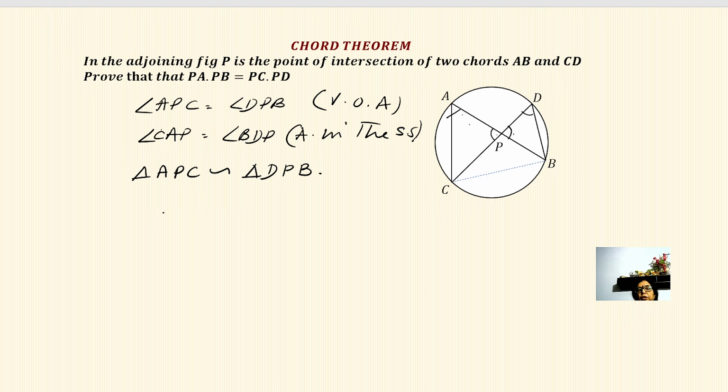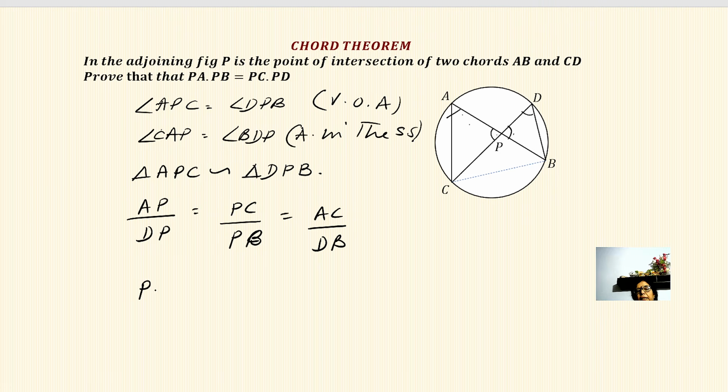Now if we write down the proportionality relation of the sides, we'll get AP by DP is equal to PC by PB is equal to AC by DB. Since we have to prove PA into PB is PC into PD, we'll take this portion of the proportionality and cross multiply.